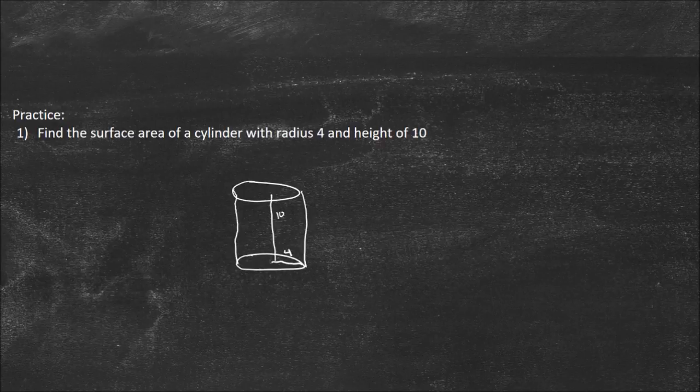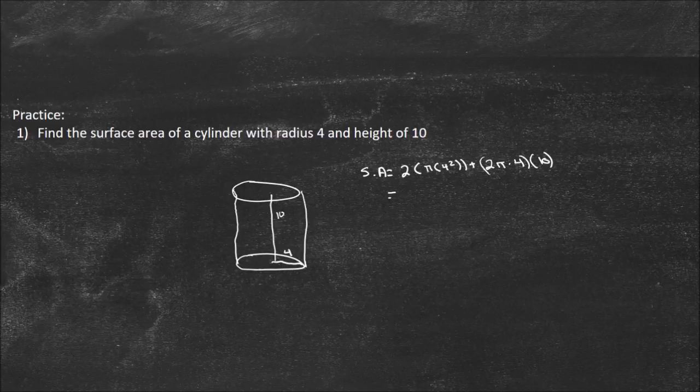Okay, well my formula is surface area equals 2 times the area of a circle on the bottom, which is just pi r squared. So 2 times pi times 4 squared. Plus, and now I'm going to do the circumference, which is 2 pi r, so 2 times pi times 4, and I'm going to multiply that by the height, which is 10.